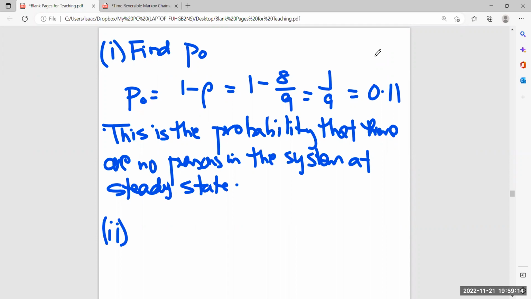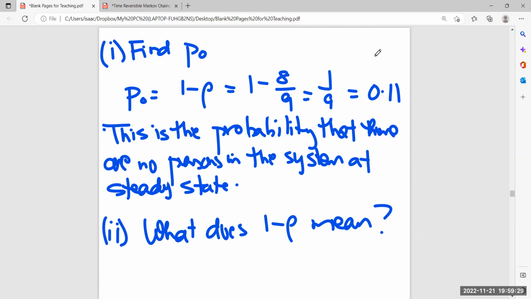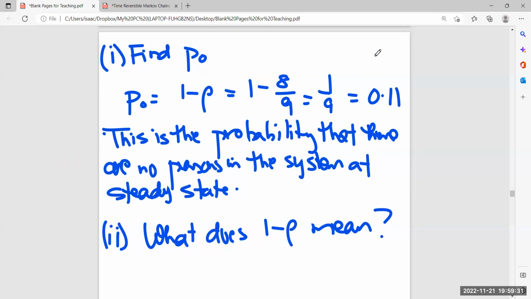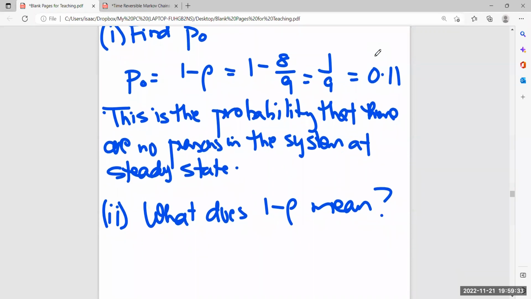All right, so what does 1 minus rho mean? Somebody says, okay, I know what P0 is, but what is 1 minus rho?